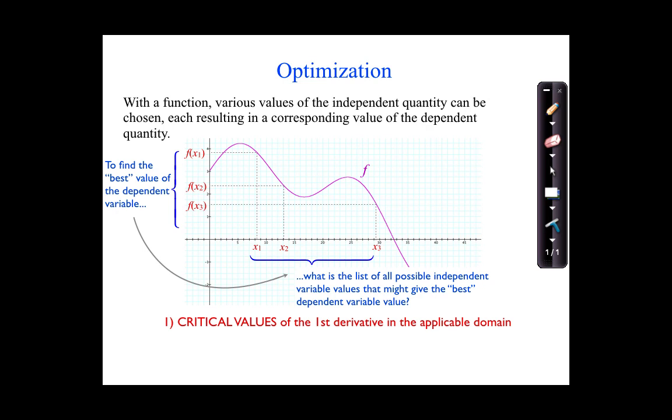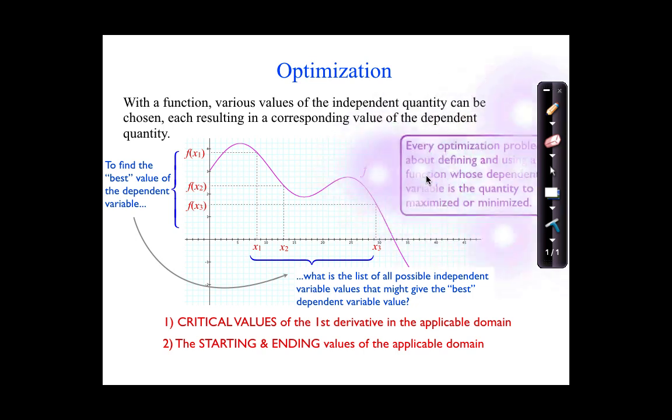A sharp corner has no derivative, but it does have a function value, and those could also be maximums and minimums, just sharp corners instead of smooth hills. So those critical values of the first derivative and the starting and ending values of the domain. Make sure you think about the starting and ending values of domains so you don't skip over them. Lots of times they aren't important, but sometimes they are. It really just varies.